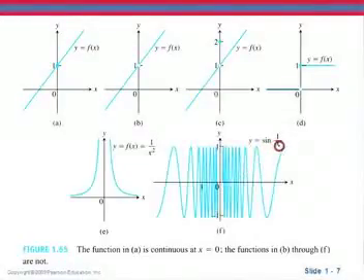As x gets closer and closer to 0, 1 over x is going to get larger and larger. Now remember, sine of any number is always going to be between -1 and 1. So this just oscillates between -1 and 1, and so it does not have a limit as it approaches 0. So it's discontinuous at 0.